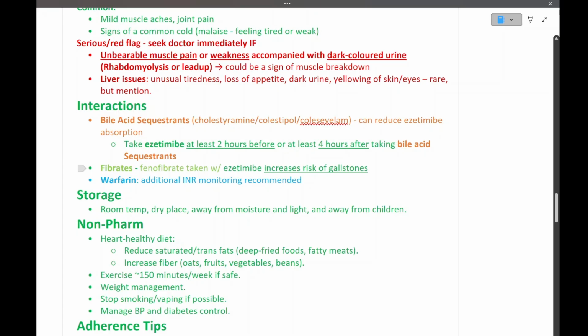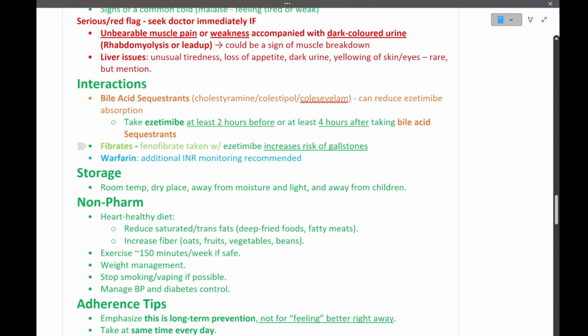Another interaction involves fibrates, where taking fenofibrate along with ezetimibe can increase the risk of gallstones. And lastly, the last major interaction that we want to watch out for is warfarin and ezetimibe taken together, where additional INR monitoring is recommended.